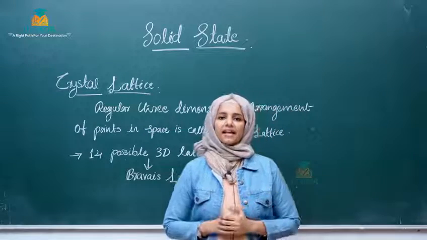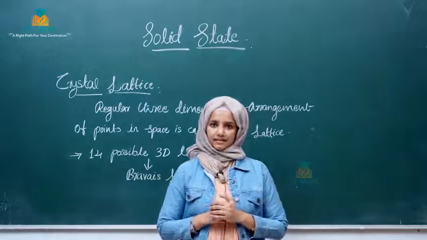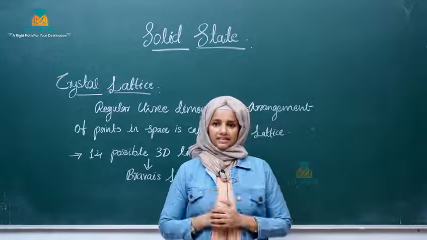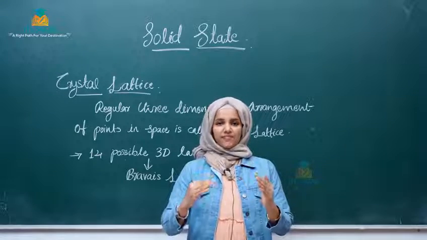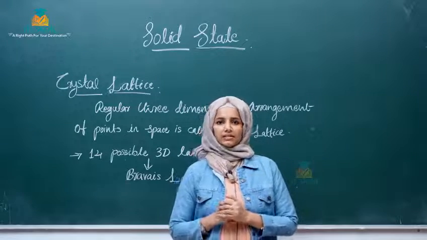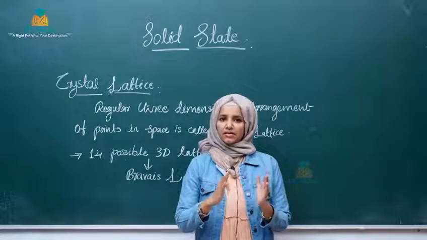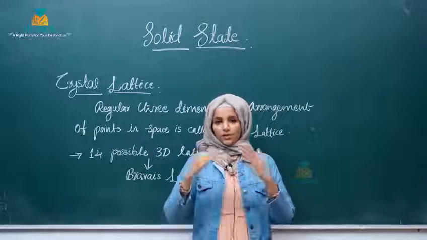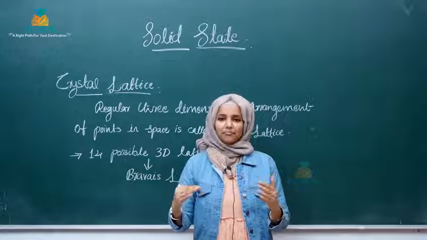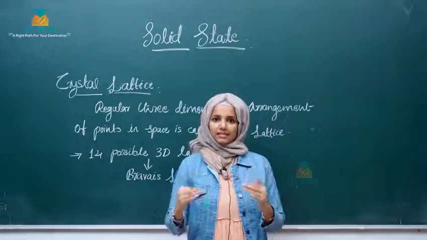So how many Bravais lattices do we have? 14 Bravais lattices. 7 crystal systems are also there. So there are 7 primitive crystal systems. We already discussed the difference between primitive and non-primitive crystal systems. You know primitive is the simplest form of the crystal system, isn't it?